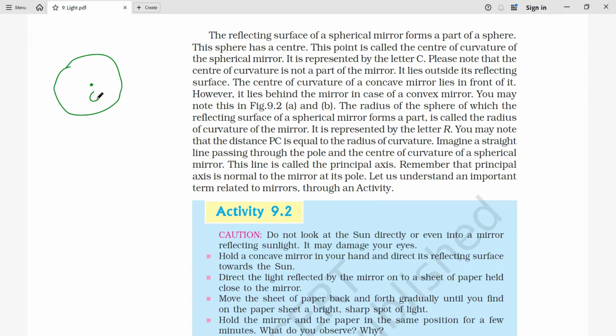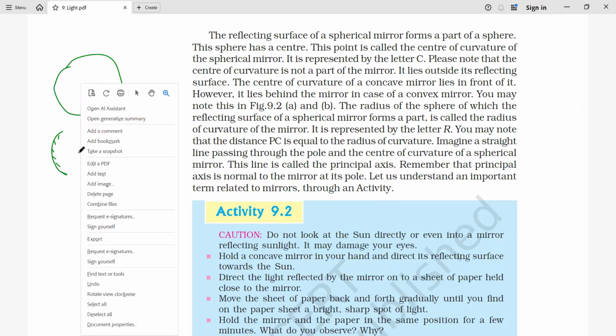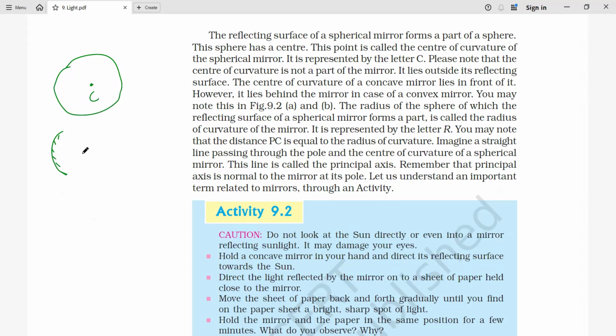Okay. The sphere from which the mirror is made, its center will be somewhere there, am I right? The center of the sphere is what is called the center of curvature. Now if you talk about two different mirrors, for us this is the convex mirror. In the convex mirror, the center of curvature will be on the right side, somewhere here.